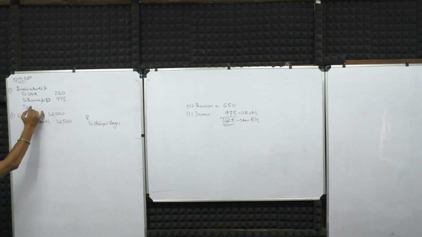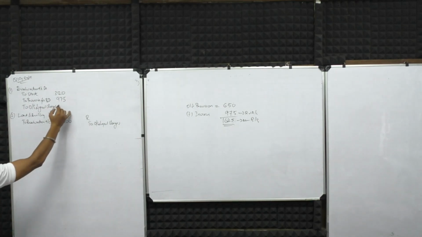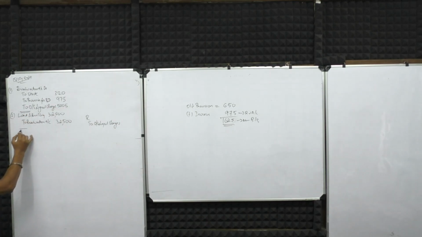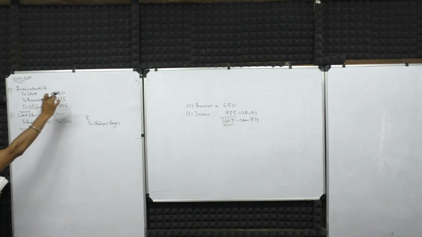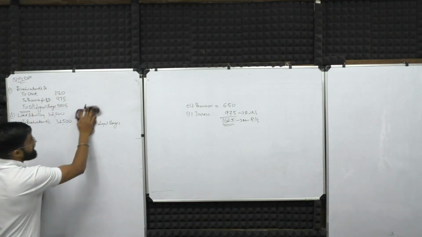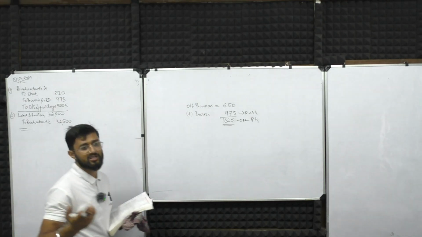5005. Debit the revaluation account. Narration: being stock depreciated, being provision created, being legal charges provided.